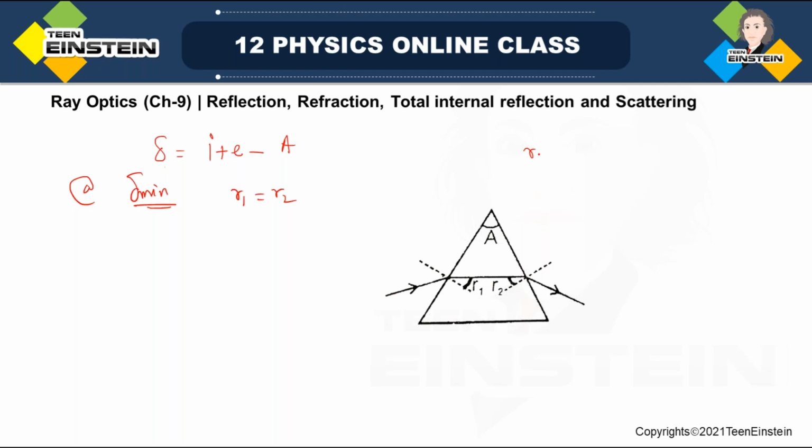And we know that R1 plus R2 is equal to A. In this case, A is 60 degrees. At minimum angle of deviation, R1 and R2 are equal, so the refracted ray inside will be parallel to the base.